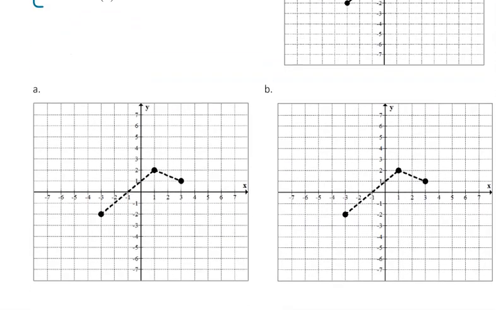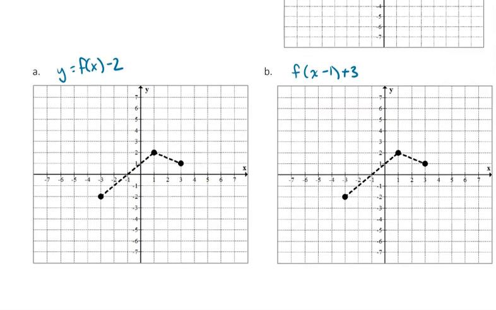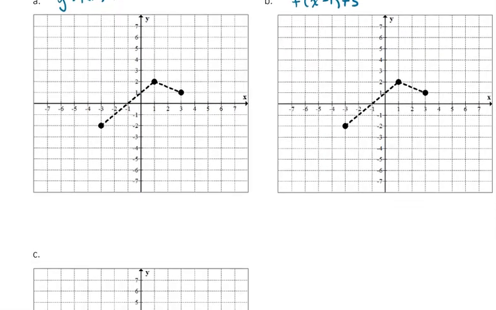So let's start off with A. A is f of x minus 2. Just so we have these, f of x minus 1 plus 3 is going to be B, and negative f of x plus 2 will be C.